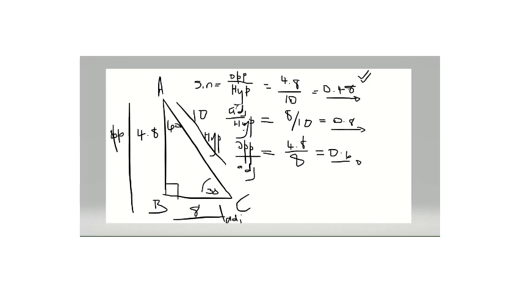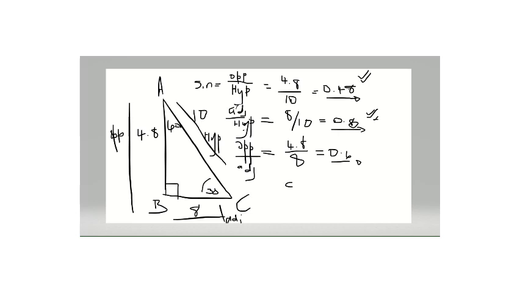Can you continue and press cos theta? Cos 30 is 0.866. 0.866 is closest to which number in here? Between these three, it's closest to 0.8, right? So we can say that cos theta is always adjacent over hypotenuse.